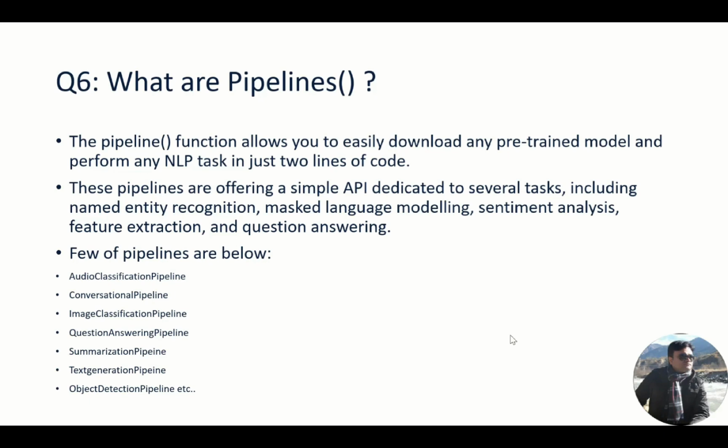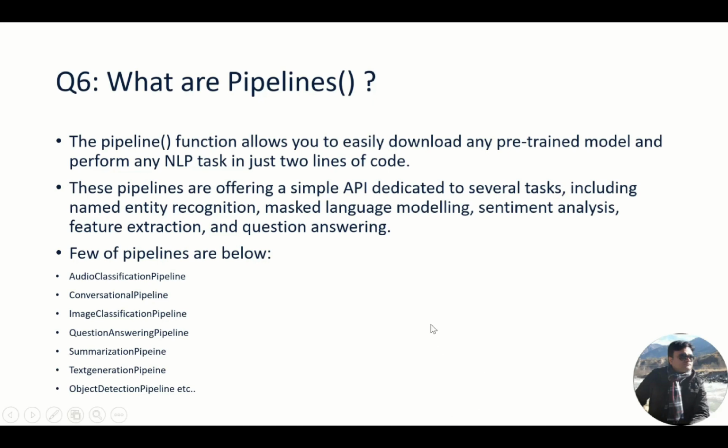I showed you guys the Hugging Face site where we have seen so many uploaded pre-trained models and how we can download and use them for our project. For that we need to understand a pipeline. So pipeline functions allow you to easily download any pre-trained model and perform the task.